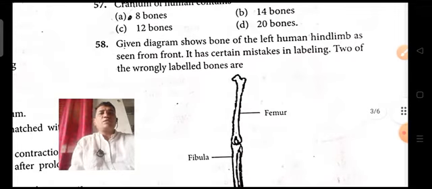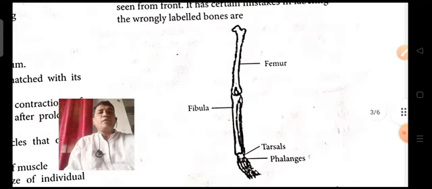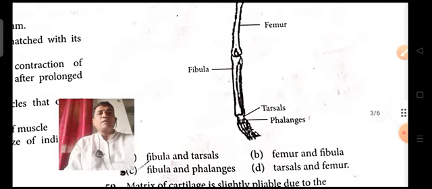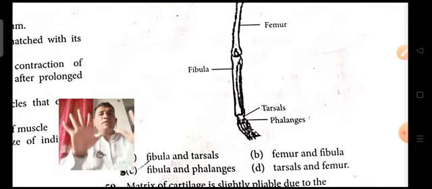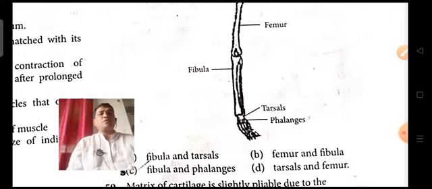You know that the upper thigh bone is called the femur, then fibula, tibia, and then metatarsals, tarsals and phalanges. Phalanges are the 14 bones present in the fingers.